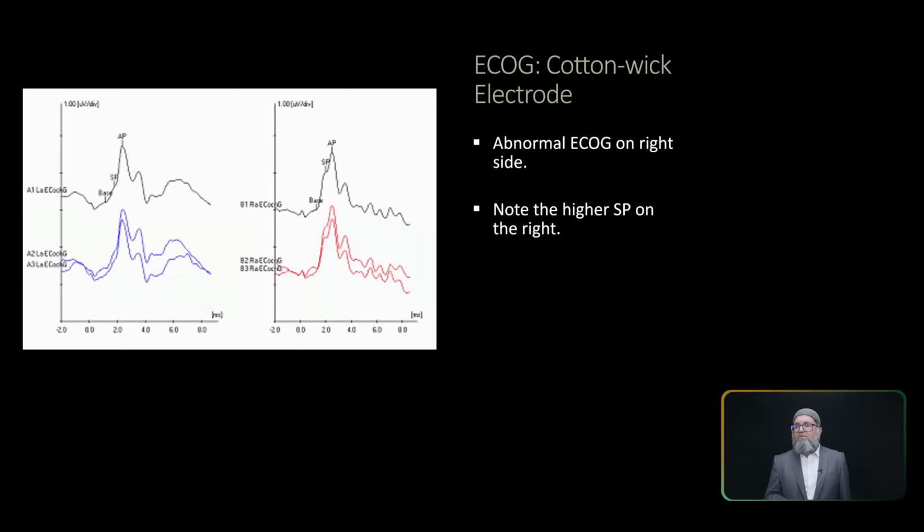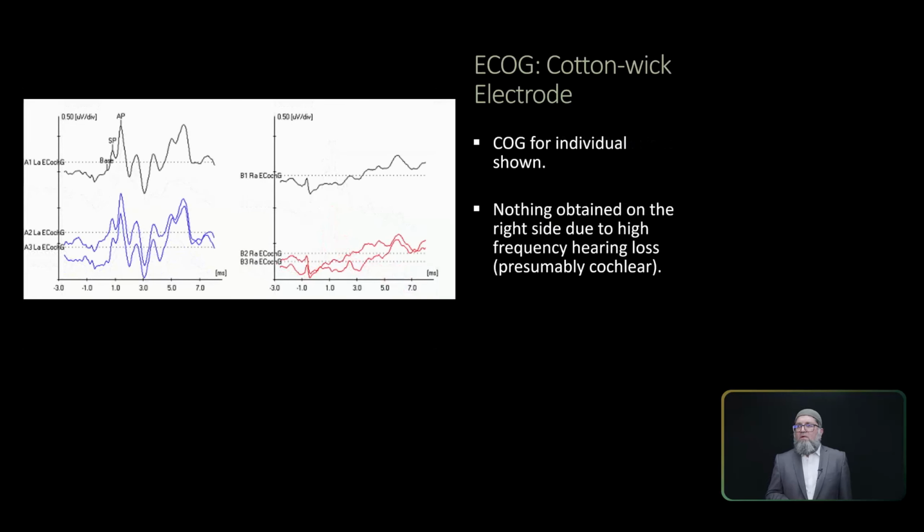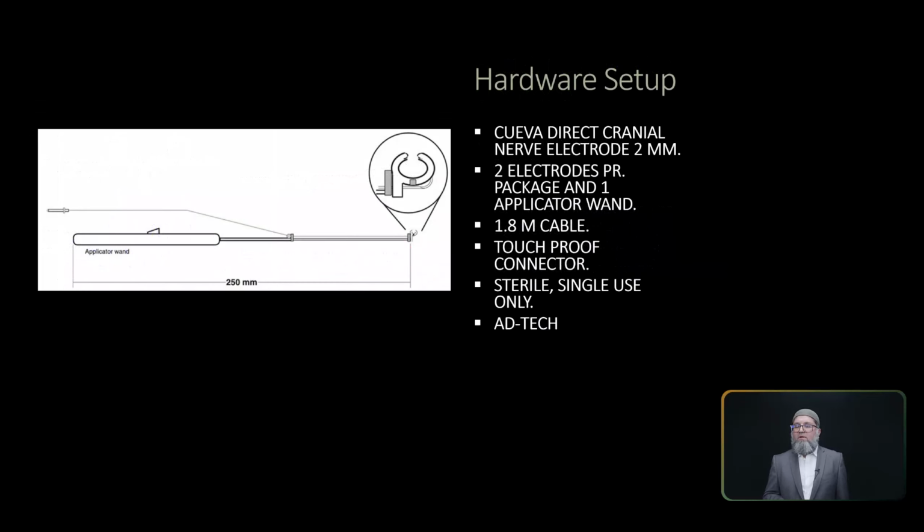Here on the right side, we see an abnormal electrocochleogram. The summation potential is higher on the right side. These are the electrocochleogram recordings from the cochlea. We can see nothing obtained on the right side, and this patient has high frequency hearing loss. So the left side has a good recording, but the right side has no electrocochleogram.